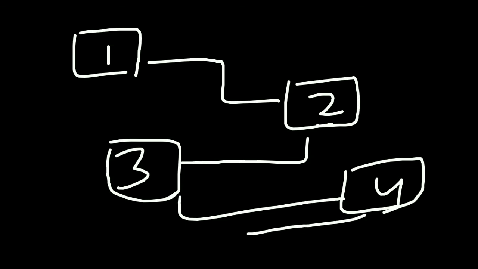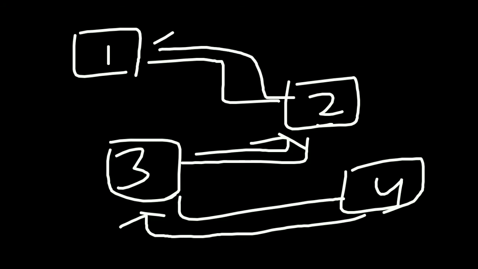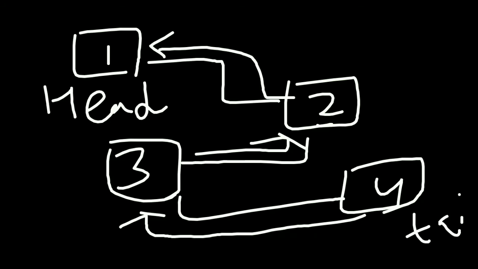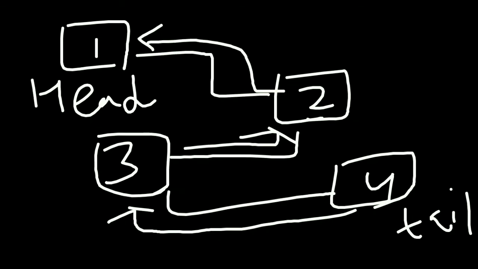So 4 is connected with 3, 3 is connected with 2, and 2 is connected with 1. And this is the head of the linked list, and this is the tail of the linked list. So if you want to store data in a doubly linked list, you can use the list STL. And we are going to see certain methods available with the list class.